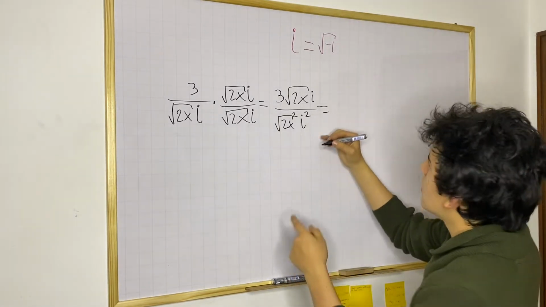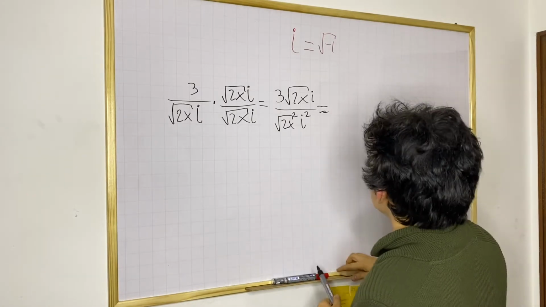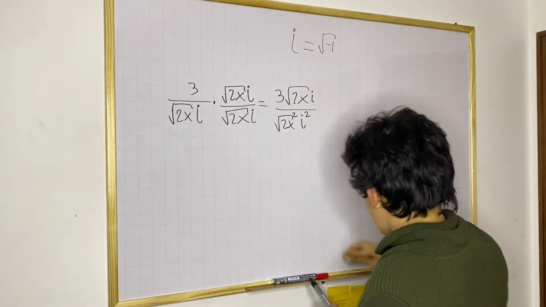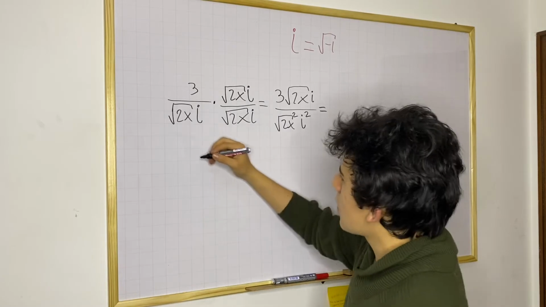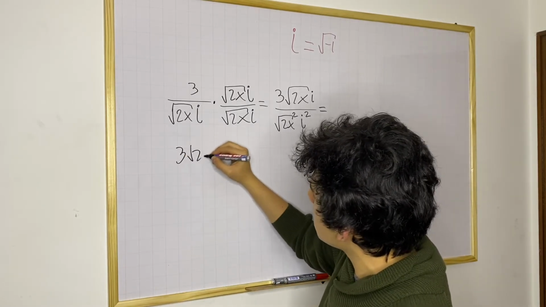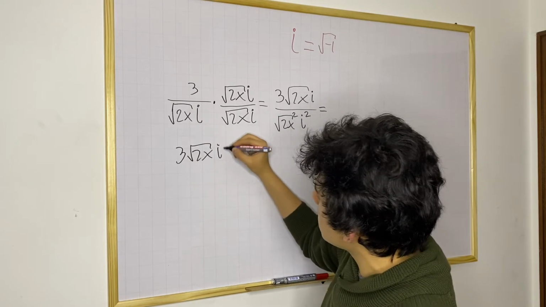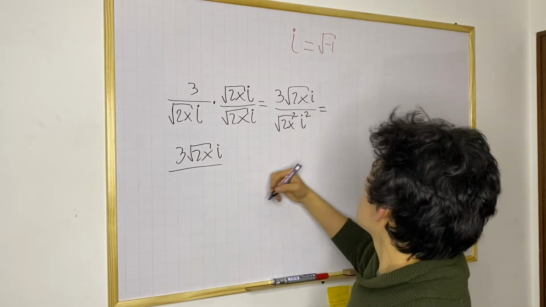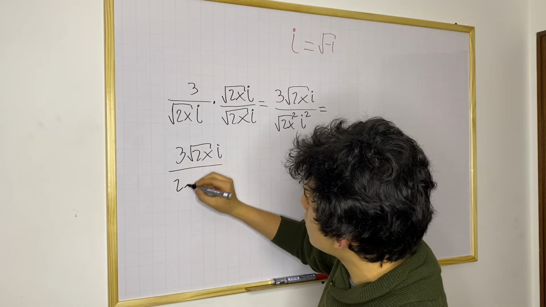We know the radical cancels out with the square, so we would get 3 times the square root of 2x times i over 2x.